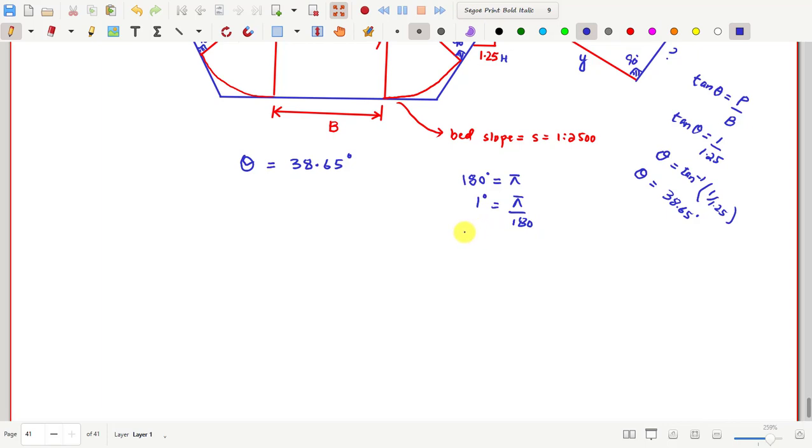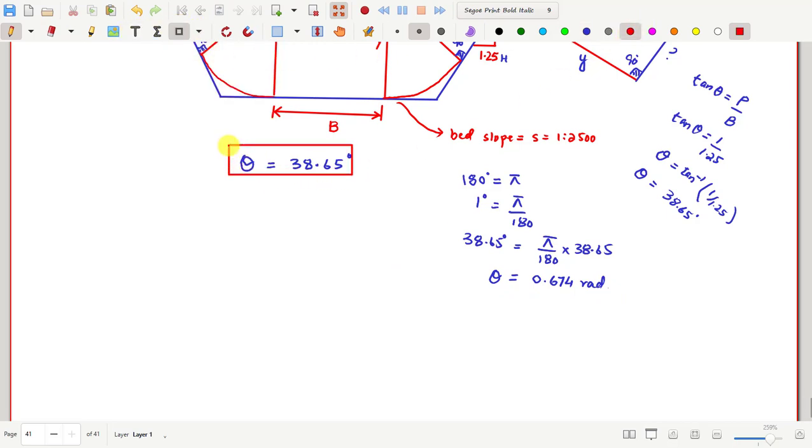Okay, and we got 38.65 degrees, right? So 38.65 degrees will be equal to pi divided by 180 multiplied by 38.65, and the answer you are going to get is in radians, which is 0.674 radian. Okay, theta in radian and theta in degrees. So let me highlight it. Theta in degrees and theta in radian. We will need this later on. Got it?